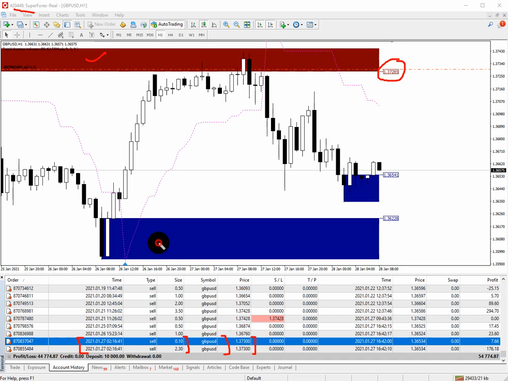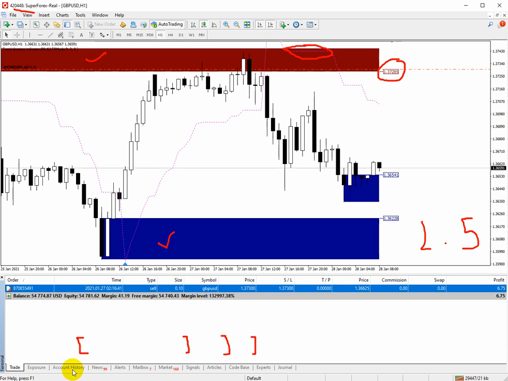This is our support demand indicator, and the line that you are seeing as of now is our trend indicator, multiple in one trend indicator. Based on that, we placed the trade at price 1.3730 with a total lot size of 2.5, where you can see 2.4 lot size are closed while the 0.1 lot is still open.